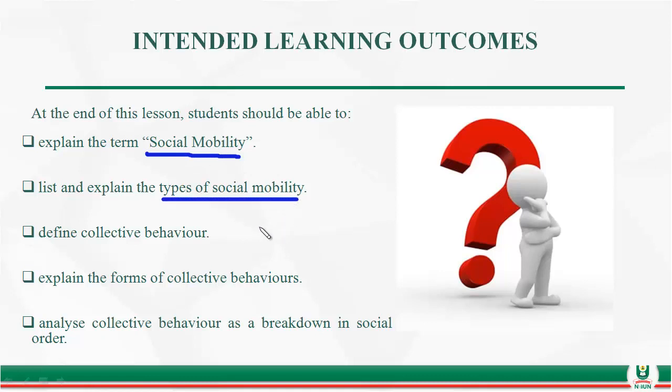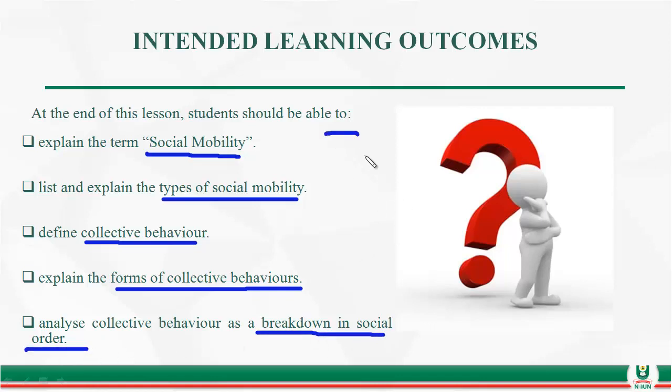On the other hand, you should be able to define the term collective behavior, explain the forms of collective behavior, and analyze collective behavior as a breakdown in social order. All right, so those are the key points of this lesson, and of course the expectation that at the end you should be able to do.